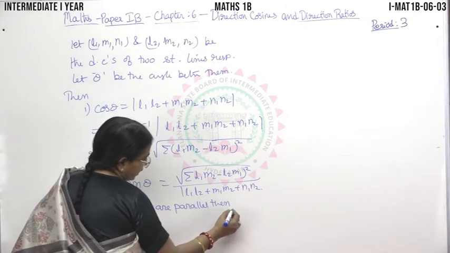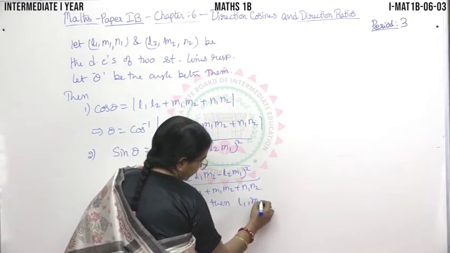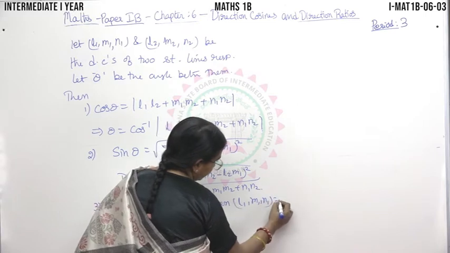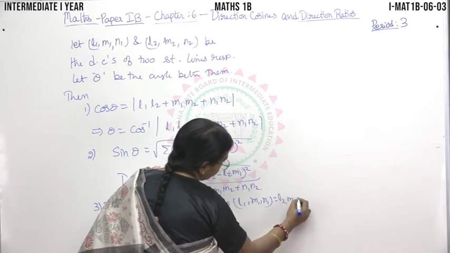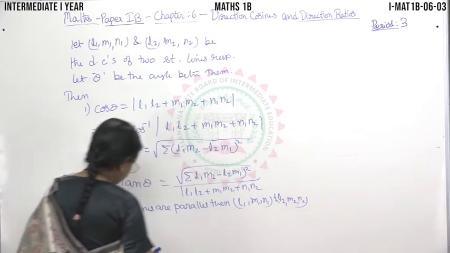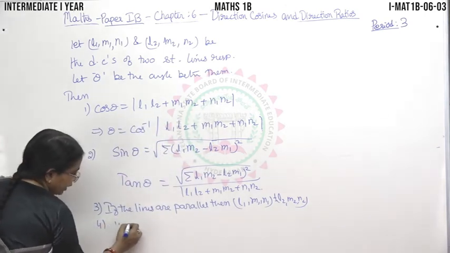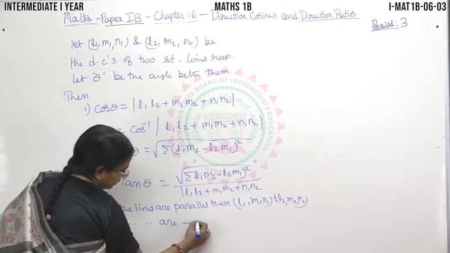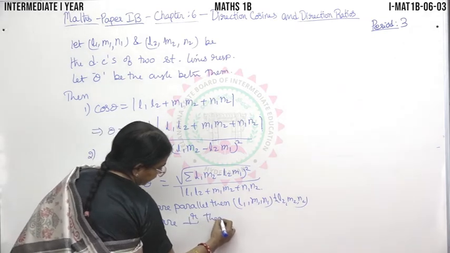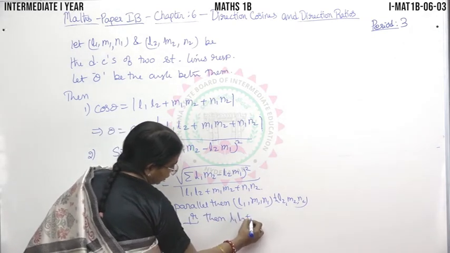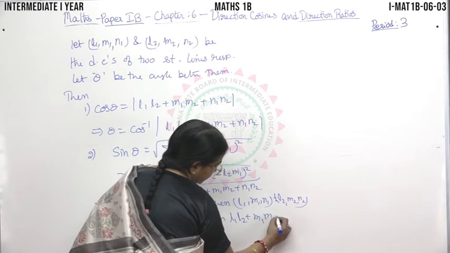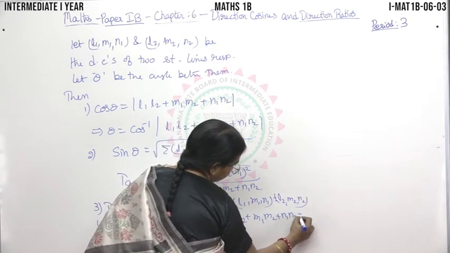Then L1 by L2 equals M1 by M2 equals N1 by N2, like this. And if the lines are perpendicular, then the condition is L1 L2 plus M1 M2 plus N1 N2 is equal to 0.